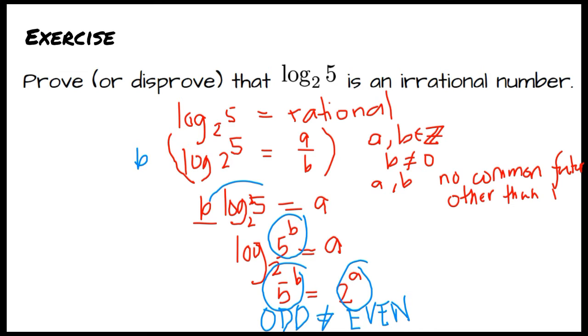The second way to come up with the contradiction is for these two to be equal. So 2 raised to a and 5 raised to b, you have a and b should be equal to 0, because in that case 5 raised to 0 and 2 raised to 0, you will have 1 equals 1.